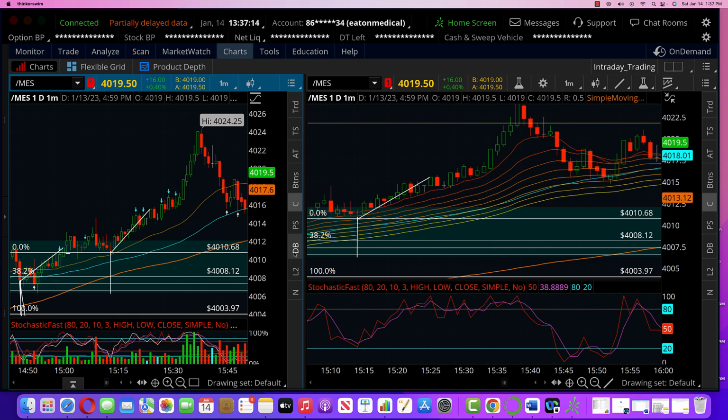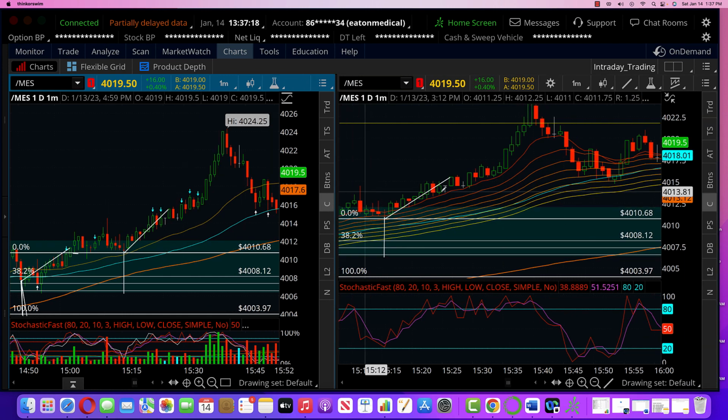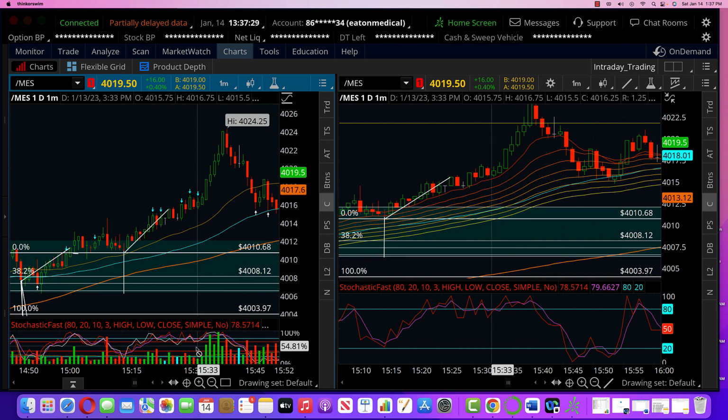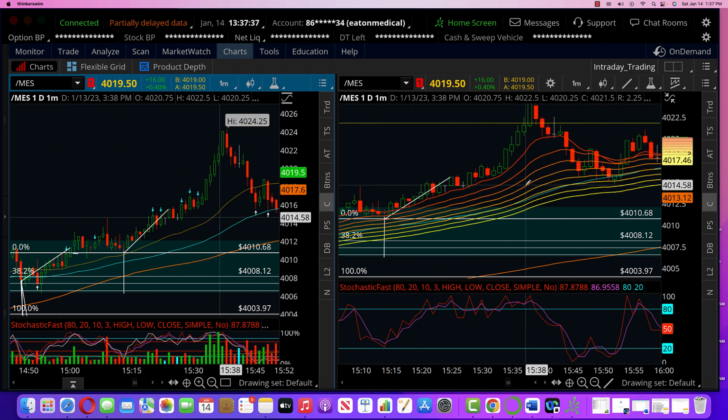And you can see here that candle, that's why you really want to look at the volume on the exit. Look at that volume at the 1535 candle. 1535, huge volume, right? And that range remained intact.